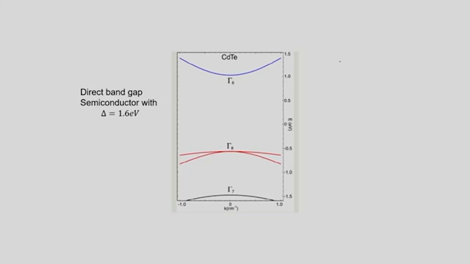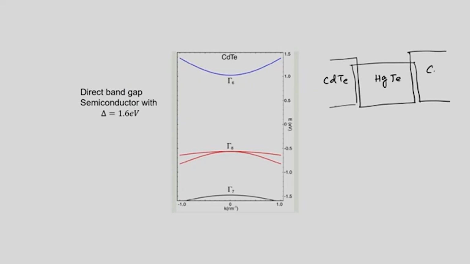Okay. So, let me talk about the experiment, and before I come to the band structure, let me show you. These are sort of superlattice structures where there is HgTe inside CdTe, cadmium telluride here.